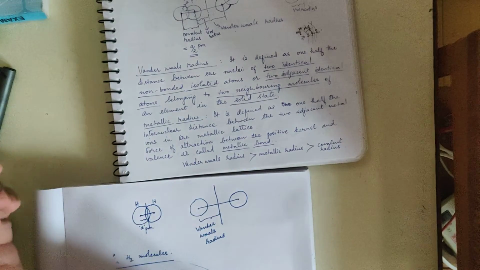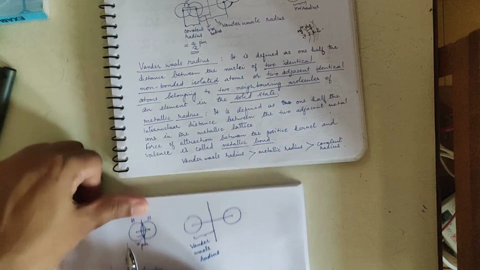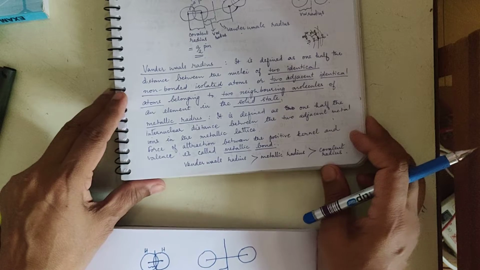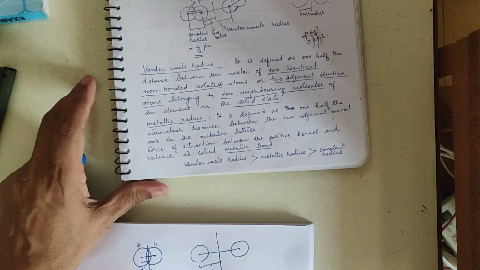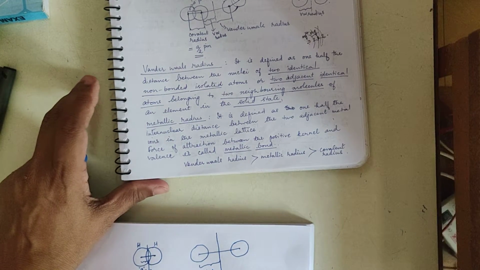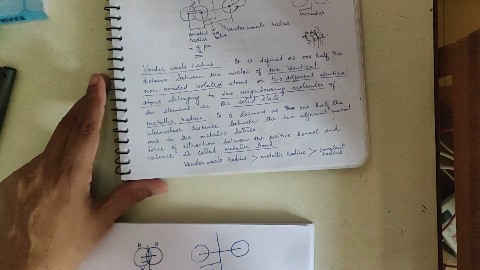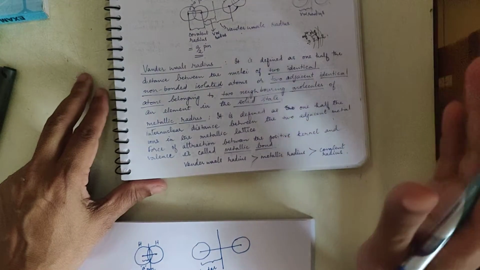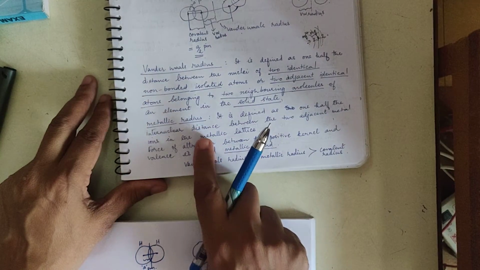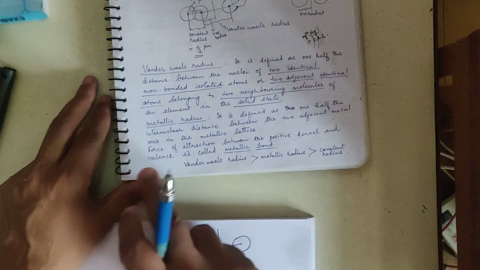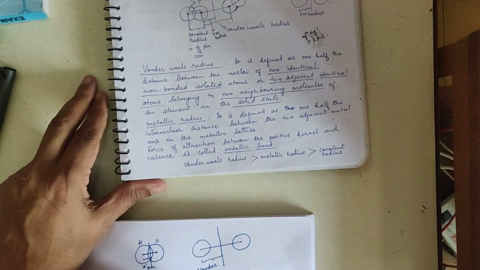Now what is meant by metallic radius? Metallic radius is again 1/2 the internuclear distance between the two adjacent metal ions in the metallic lattice.